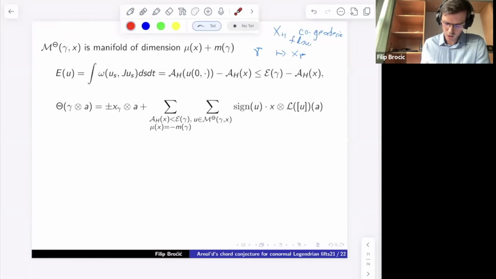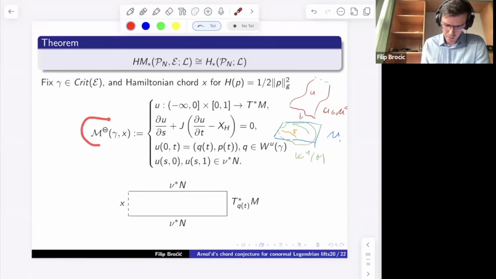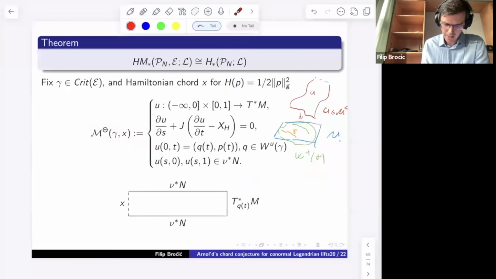And since also a stationary solution will be a rigid element of this moduli space, if we have an S-independent solution, this will just be the Hamiltonian trajectory. And this is why this requirement that this part of the boundary is not lying on the zero section, whether it's living above the zero section. So we are allowing that it actually just coincides with the Hamiltonian trajectory.